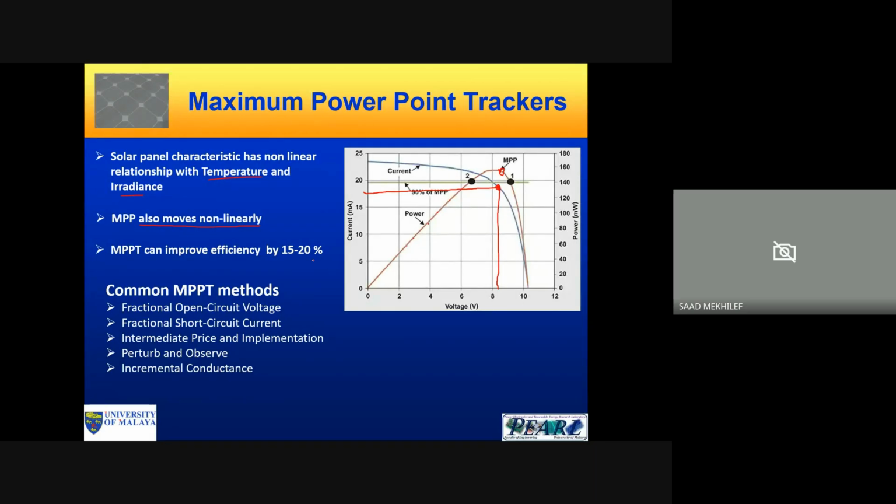When we did the study, we found that MPPT can improve the efficiency by 15 to 20%. It means pushing the system to operate at its maximum power, and you can save around 15 to 20% of power.